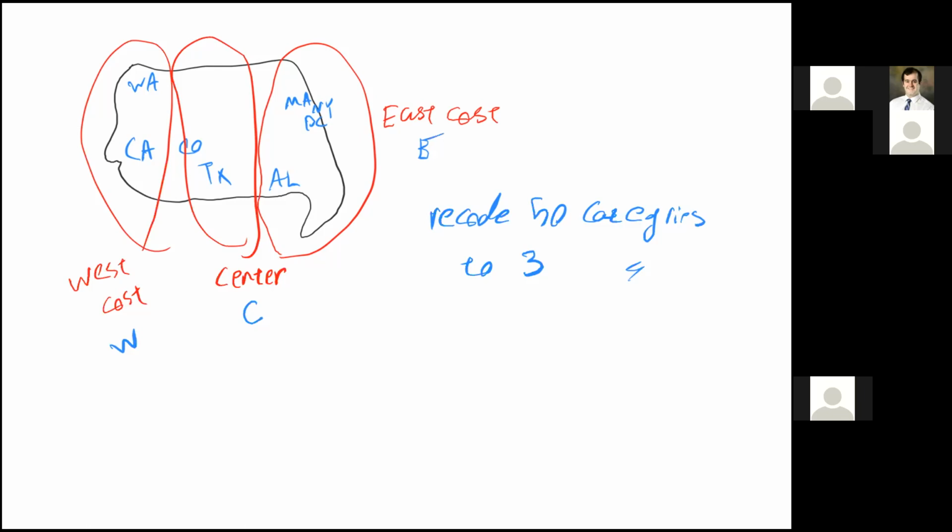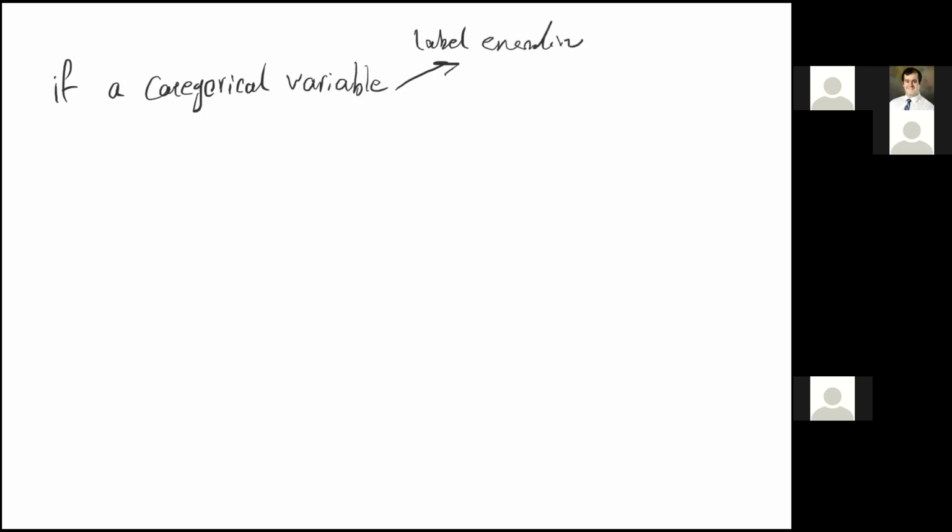So basically, this is the overall algorithm. If a categorical variable, either label or one hot encoding.